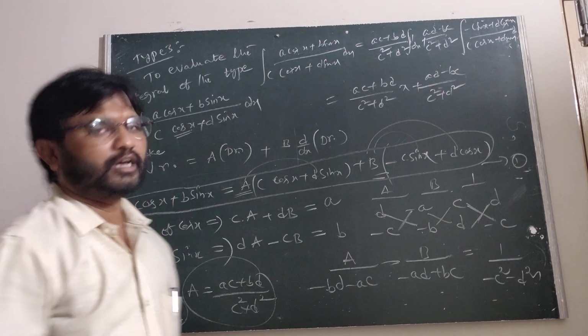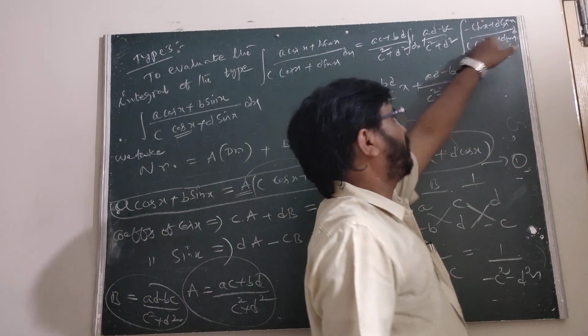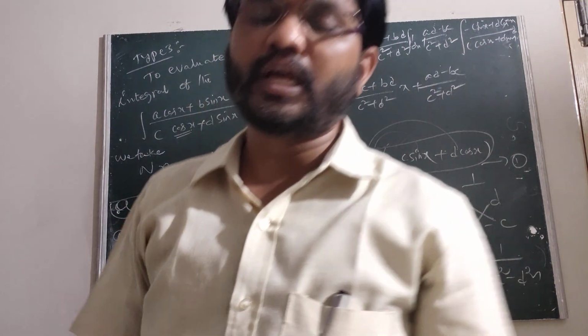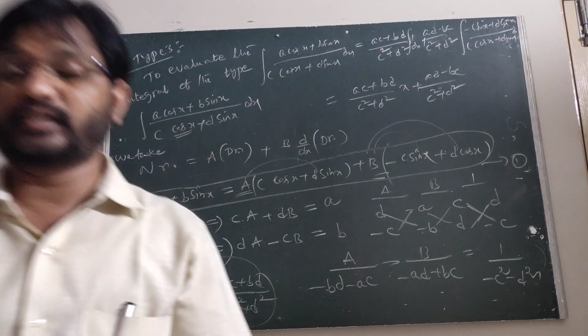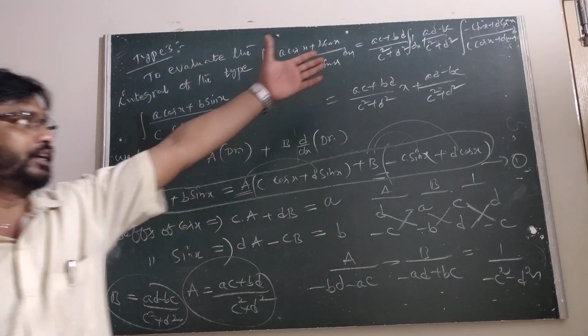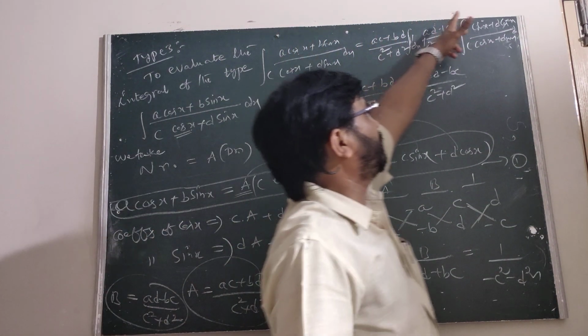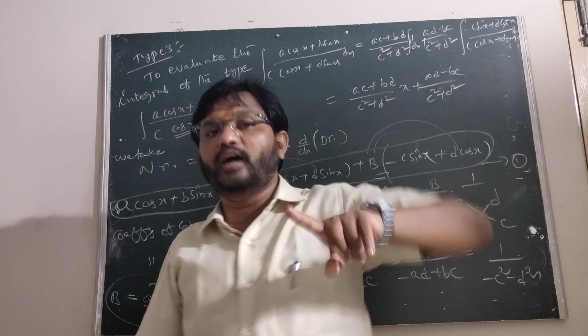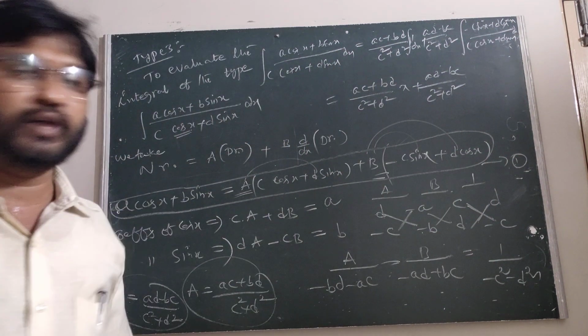This is the method of f dash of x by f of x. When we have to integrate f dash of x by f of x, this is log mod of f of x.